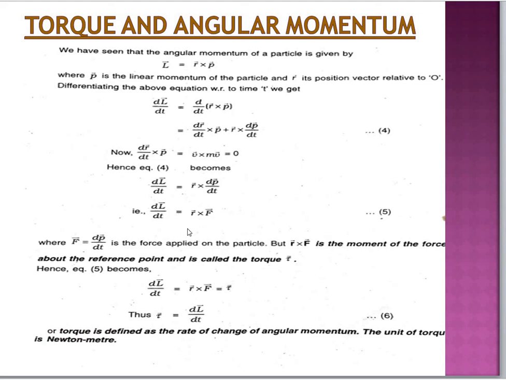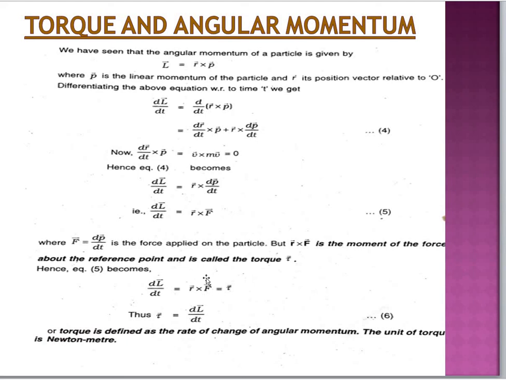So dL by dt is equal to r cross F, where dp by dt is the force applied on the particle.